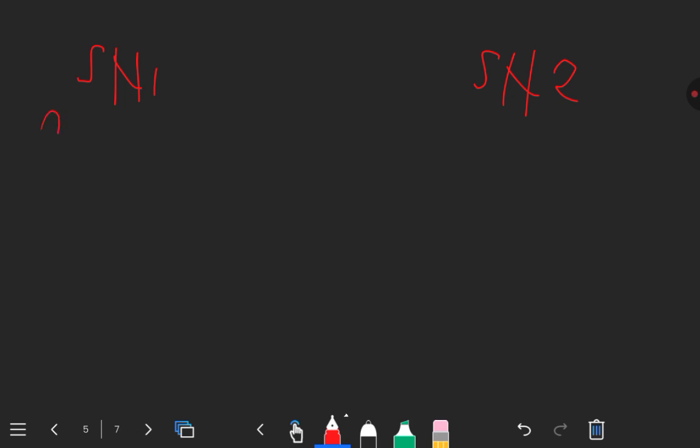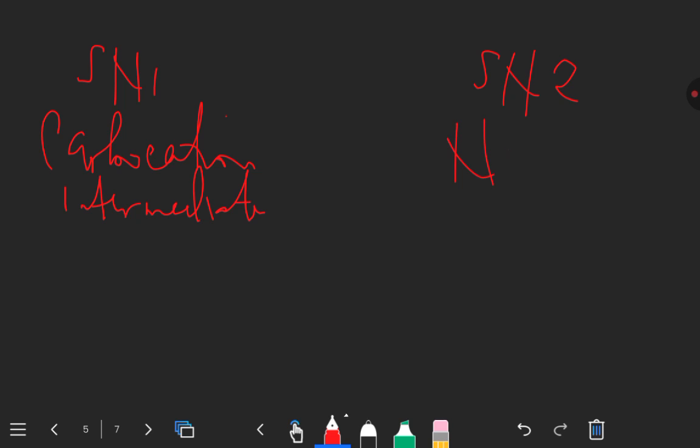So for SN1 there is a carbocation intermediate, while for SN2 there is no formation of a carbocation intermediate. So we are just going to say no intermediate. So we should be able to understand that.